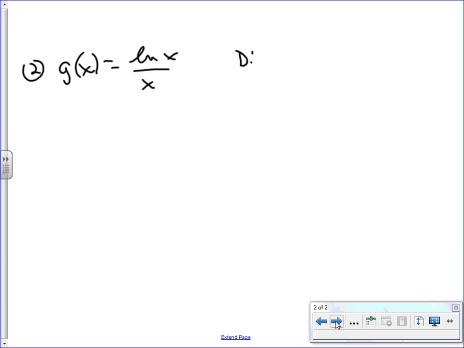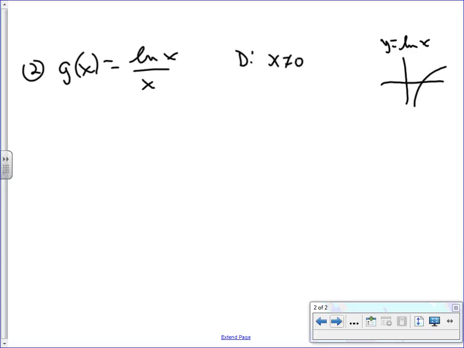I'm going to remind you of some things that you already know. Domain. Because the denominator can't be 0, X can't be 0. You know that. What else? Do you remember what ln of X looks like? Do y'all remember what this looks like? Like this. What's its domain? 0 to infinity.